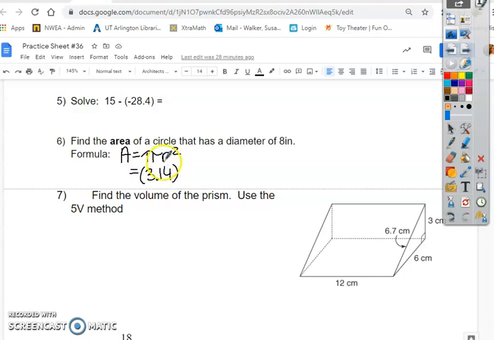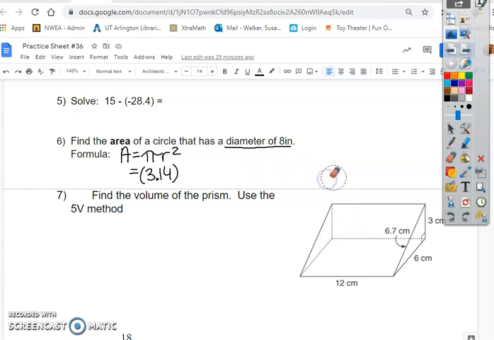And then I need to put the radius. So let me look in the problem. Oh, it says diameter. So diameter is 8. Just so you know, don't draw this, but the diameter is 8. I don't want that. I only want to the middle. So what is my radius?